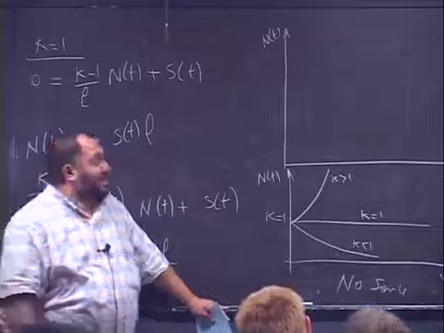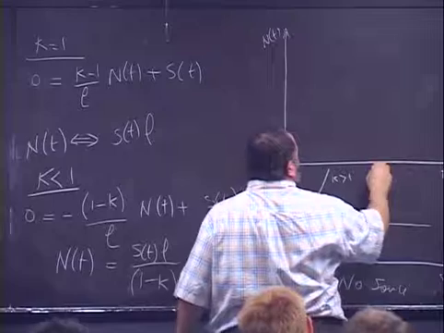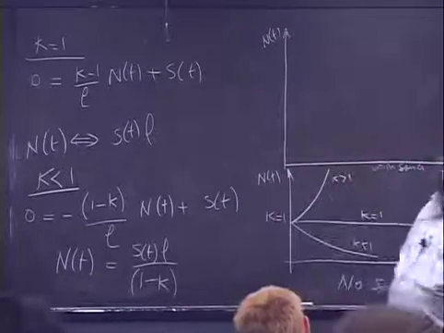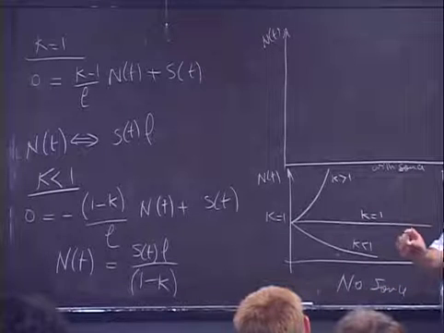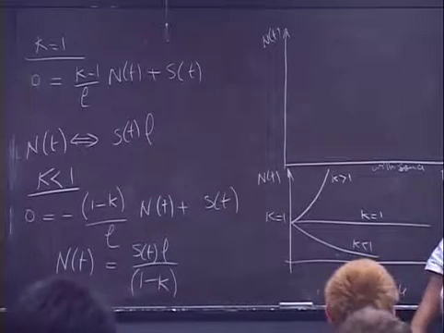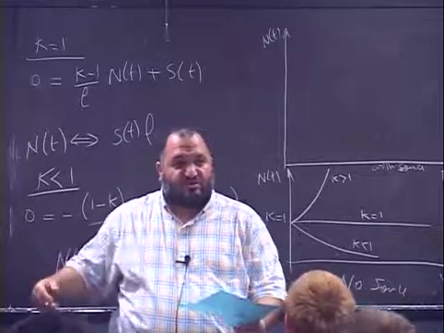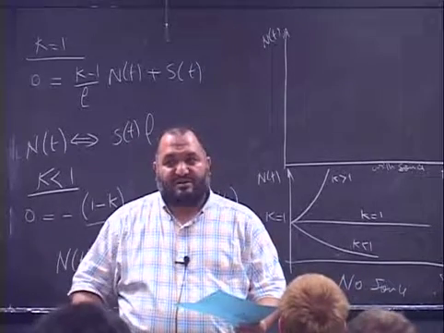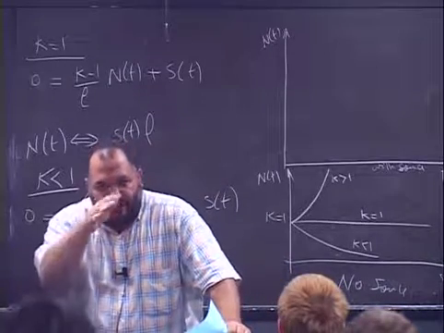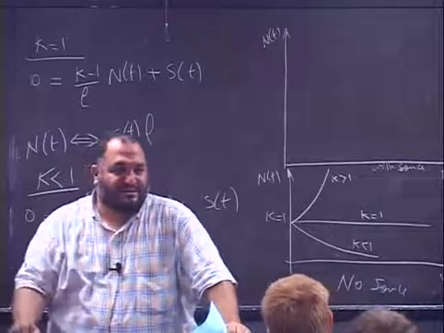Now, if I have a source, this is the time again, this is n of t, with a source. If k is less than 1, what will happen? If you have an external source in the reactor and k is less than 1, what will happen? If there is no source at all and k is less than 1, the neutrons will be absorbed, decrease, decrease, decrease until you reach 0.